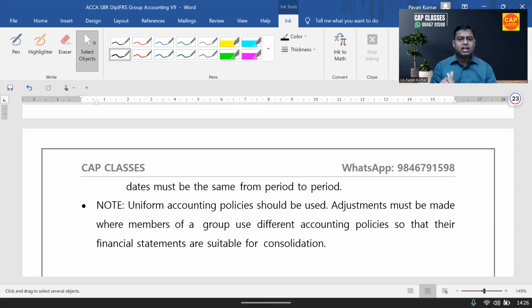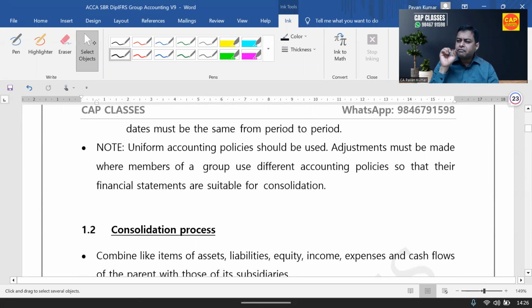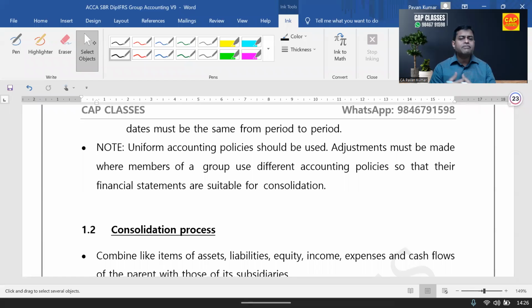Similarly, these reporting periods and the dates on which the financial statements are drawn shall be consistent year to year. You understand? Note. Very, very, very important thing. But in the classroom, whether you're doing SBR or Diploma in IFRS or FR, maybe this particular point is not that important, but in reality, it is very, very, very important.